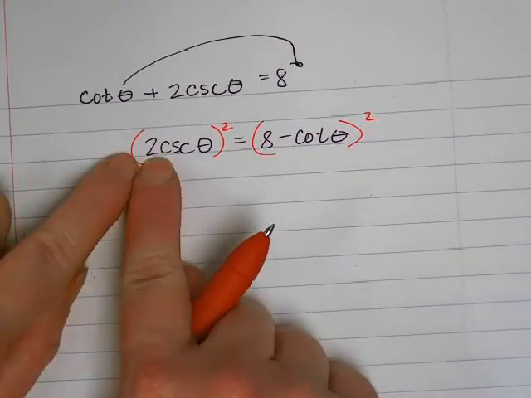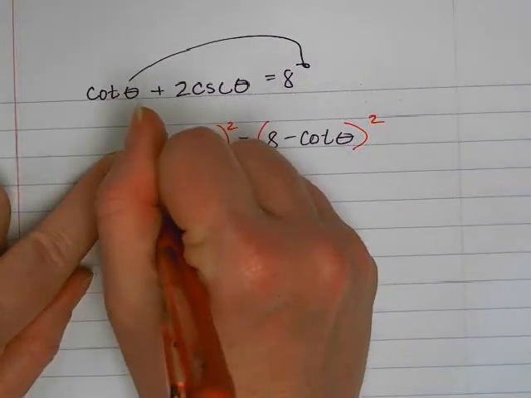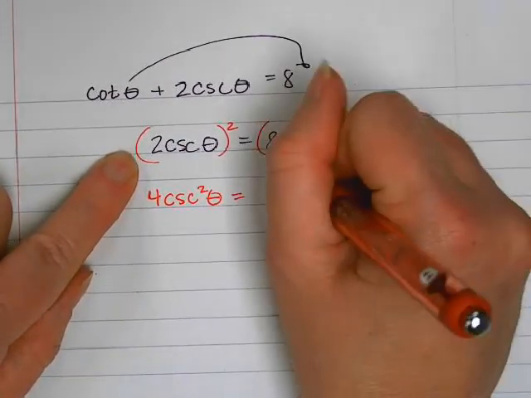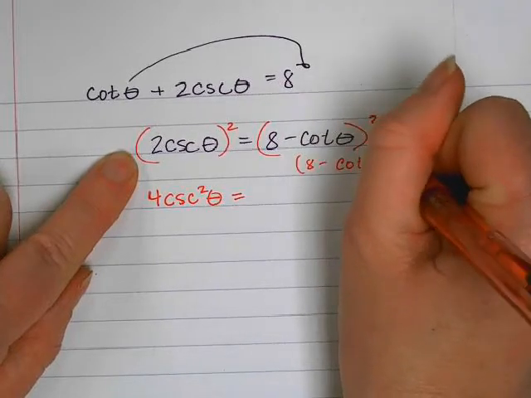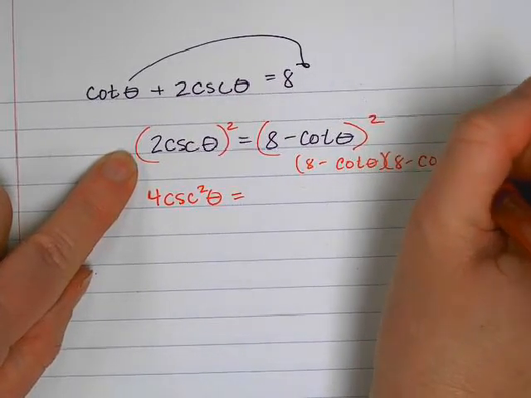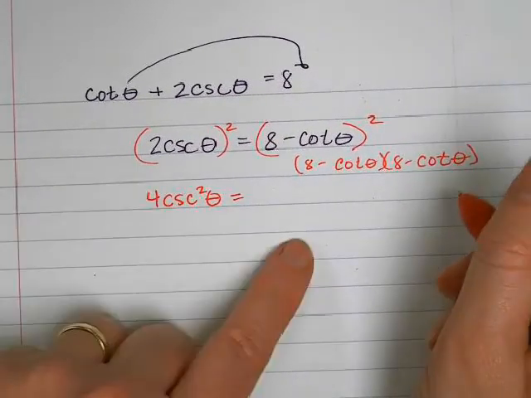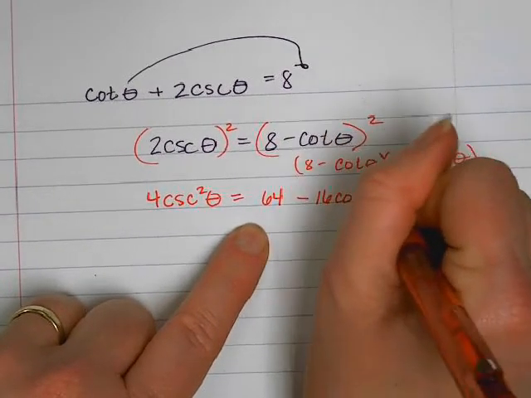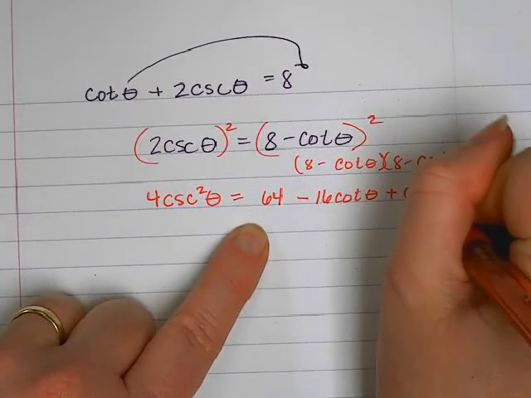Don't forget you have to square the coefficient. So it's 4 cosecant squared theta equals, and then you have to FOIL this out: 8 minus cotangent theta times 8 minus cotangent theta. That's 64 minus 16 cotangent theta plus cotangent squared theta.